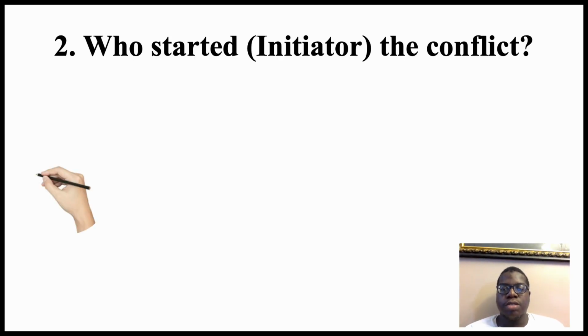Read the question. Question 2. Who started the conflict? Now think about what they were doing in question 1. What happened when things went wrong? Who caused that to happen? The individual standing up started the conflict.